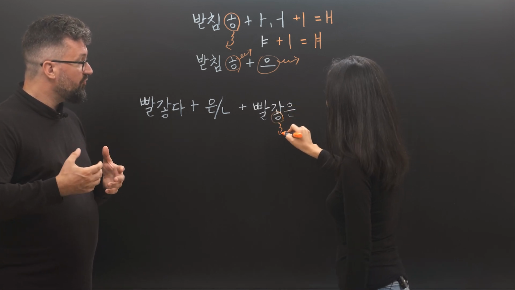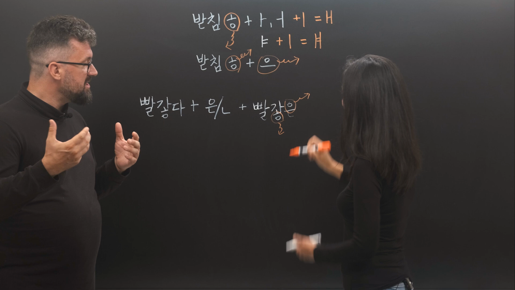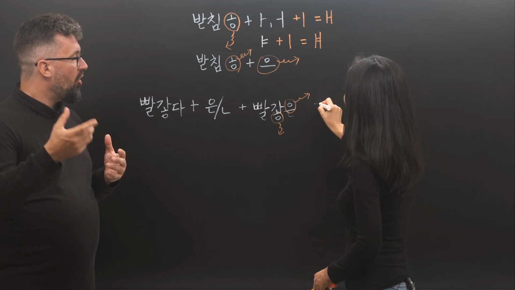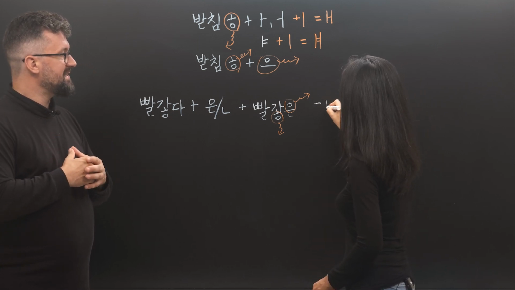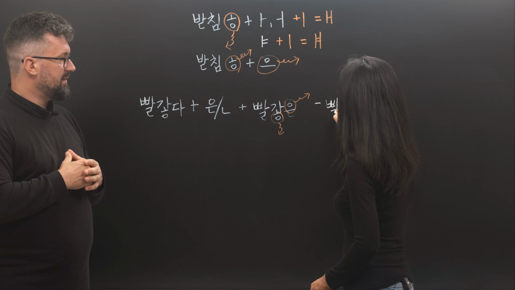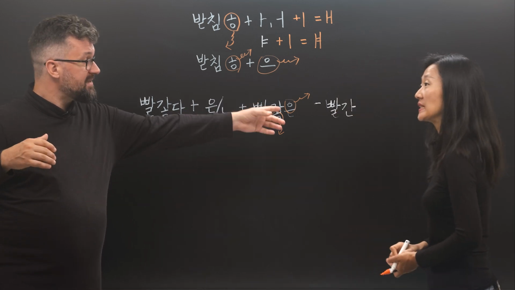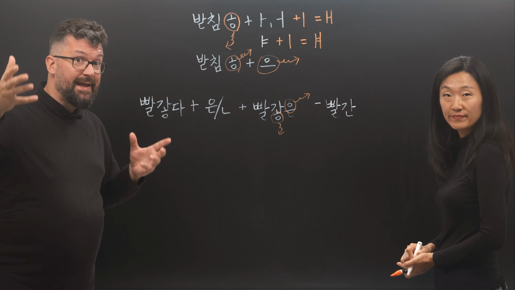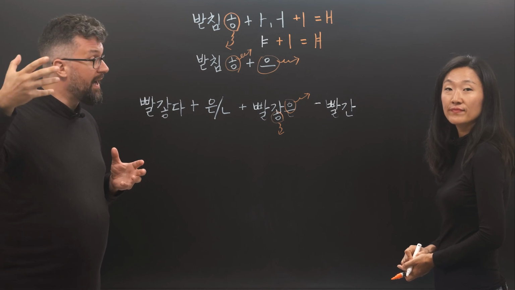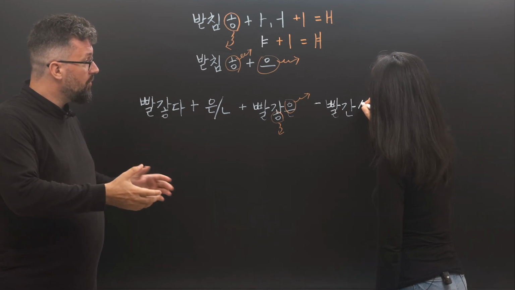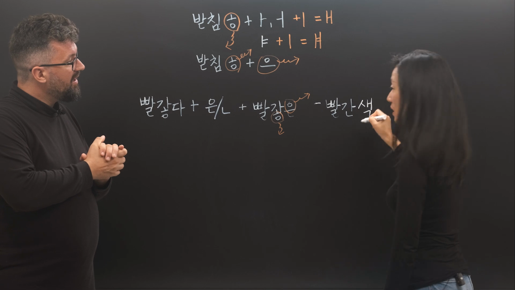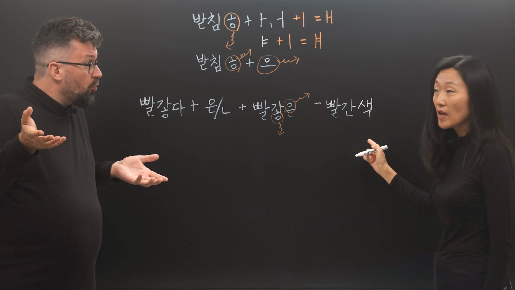We also remove 으, and ㄴ becomes the Batchim of the previous syllable. So 빨간. That's the form in which we can place an adjective before a noun. So now what's our noun? 색 means color. So 빨간색, the color red.